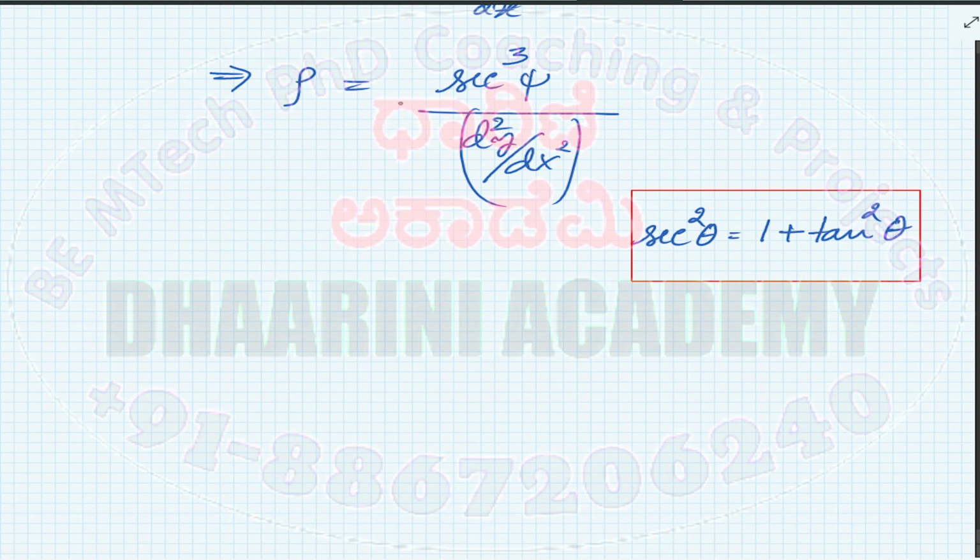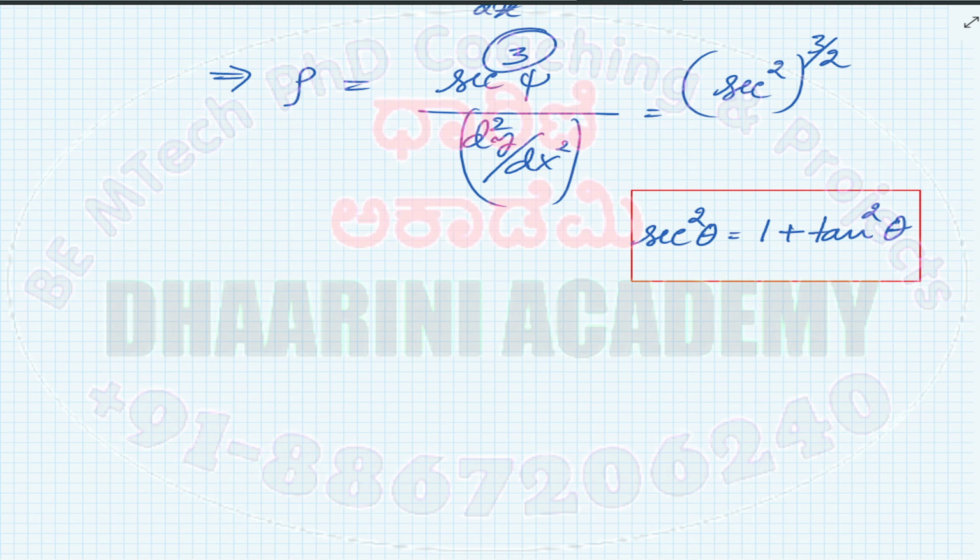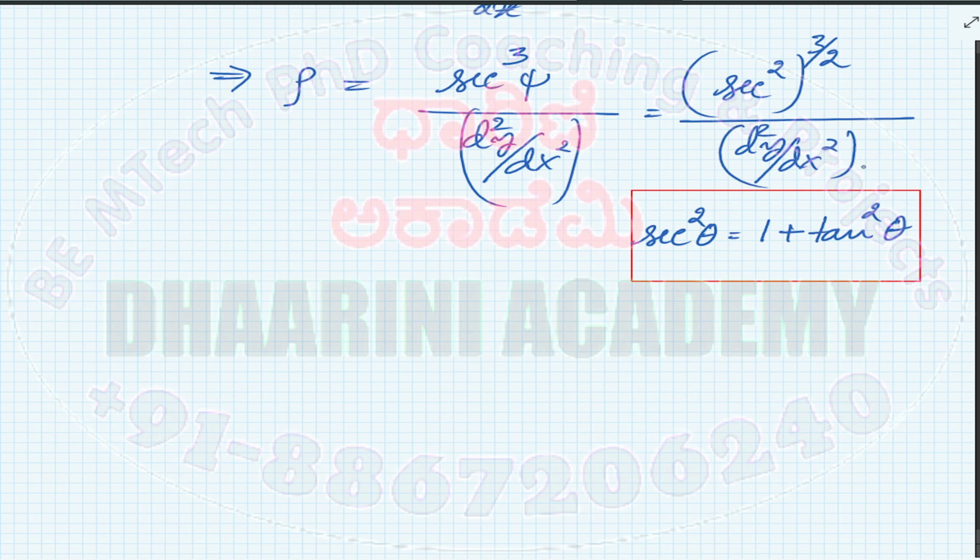Okay, but I don't have a secant square here, I have a secant cube. So I modify this now. I slightly modify this. I bring a secant square and I cancel the square by taking a root, so that is power 3 by 2. The 2 and the denominator 2 will cancel, you are still left with the power 3. Now this divided by d square y by dx square.